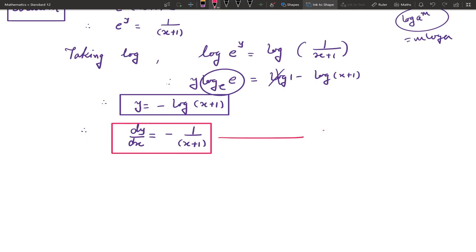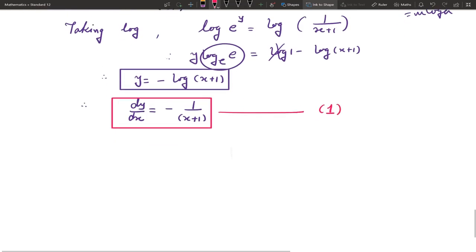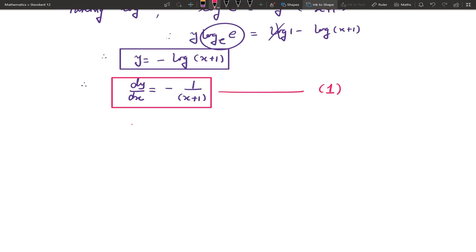Say this is result number 1. Actually dy by dx is minus 1 upon (x plus 1), that is minus (x plus 1) raised to minus 1.